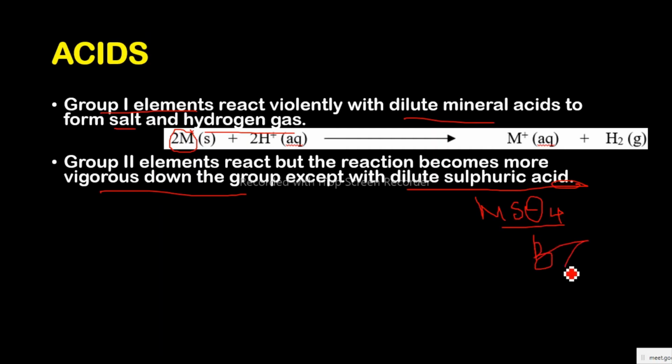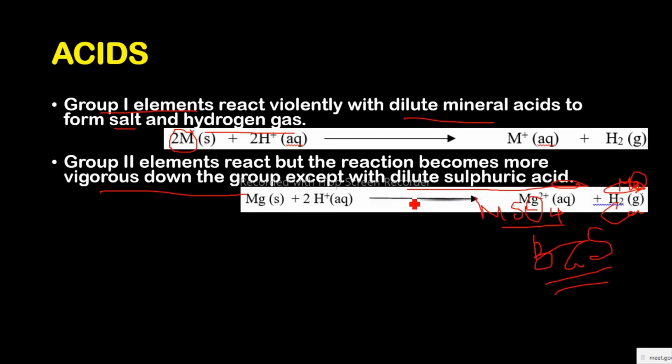Barium sulfate is an insoluble salt, calcium sulfate is sparingly soluble, but magnesium sulfate is soluble. So as you go down the group the reaction would be that vigorous, but because you are depositing this insoluble salt, you won't be able to notice how vigorous the reaction is.